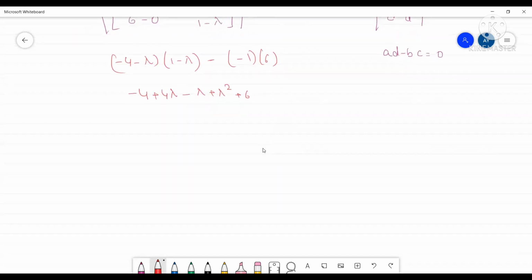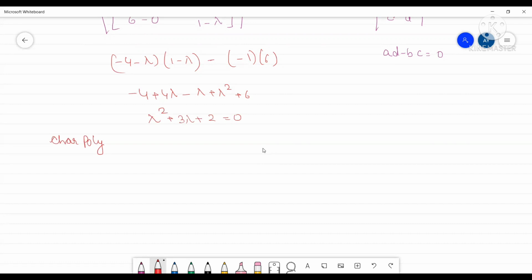If you further simplify this, what is the equation that you'll get? Lambda square plus 3 lambda plus 2 is equal to 0. So this is what the actual equation is. Now they're asking us the characteristic polynomial. So for the characteristic polynomial, you have to write lambda square plus 3 lambda plus 2 is equal to 0, and its roots.